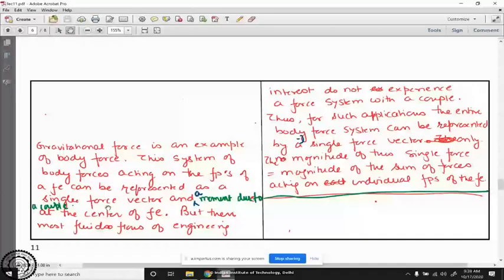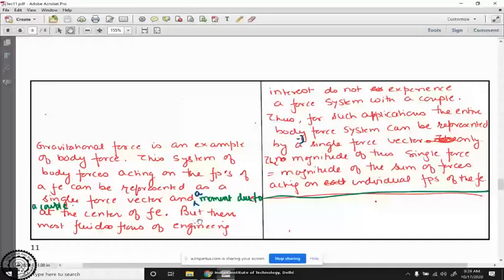Right, that's the idea I'm trying to convey. So that's how I will represent body forces on the fluid element. I would like to put one single force and one moment due to a couple at the center of mass of the fluid element.